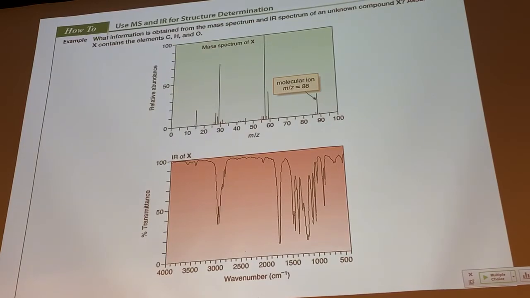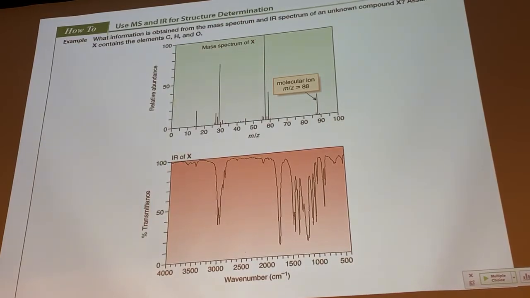But there's an approach that's logical in my mind at least, and that is to start with the mass spectrum. Look at the mass spectrum, locate the molecular ion. They've helpfully given it to us here. And once we know what the molecular ion is, we want to divide that number by 12 to figure out the maximum number of carbons that could be present in the molecule.